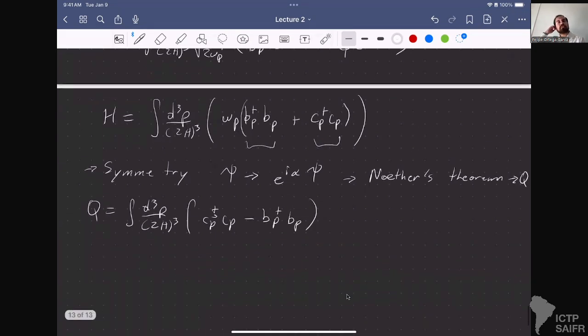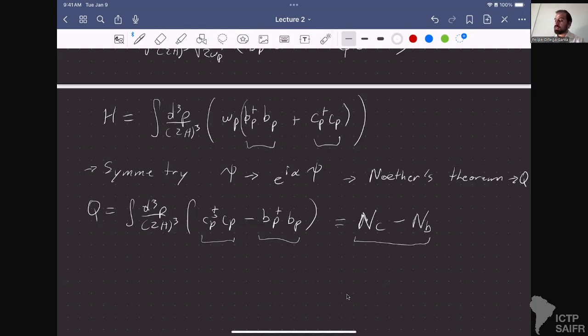So that should indicate to us that in this theory, some of the particles have some positive charge, if you wish, and the other fields have negative charge. So the quanta of these fields, each of them will have opposite charges. And in this case, the number of one state minus the number of the other state, so what you might call N_C minus N_B, is going to be conserved.